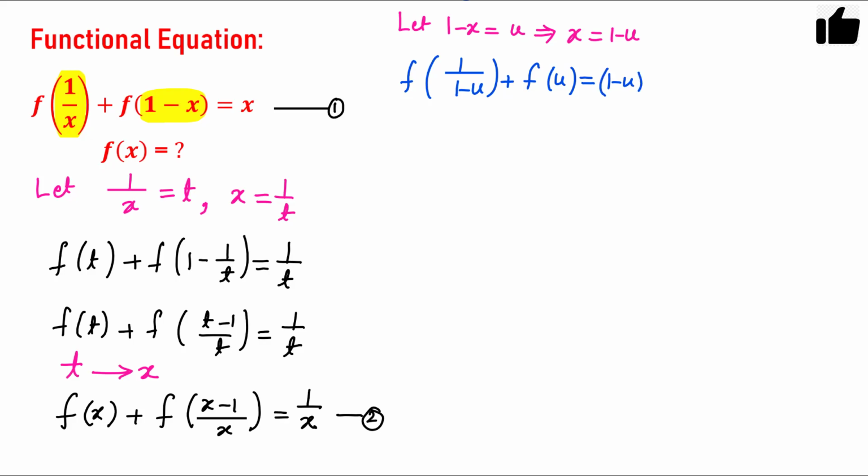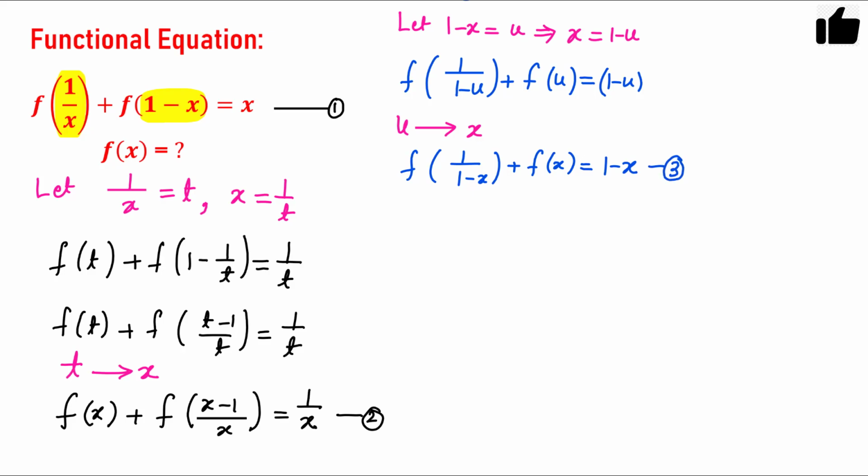Now this is true for all x, then I can replace u with x. So what I will have in this case is f(1/(1 - x)) + f(x) = 1 - x. So let us call this equation 3.